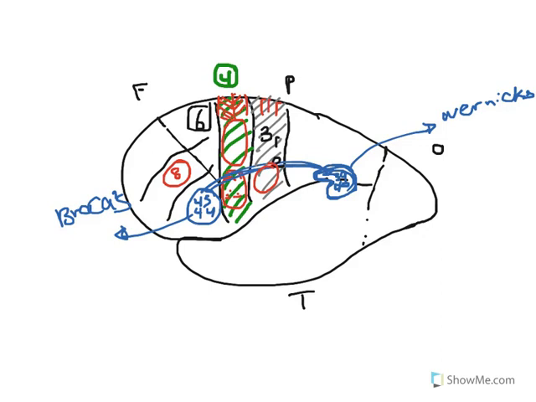So the face area lies on the lowermost part and the lower limb area on the uppermost part of this area, also extending on the paracentral lobule around the central sulcus on the medial surface, and here the arms and trunk area. Also, the body is represented contralaterally, so the right area represents the left side of the body and vice versa.